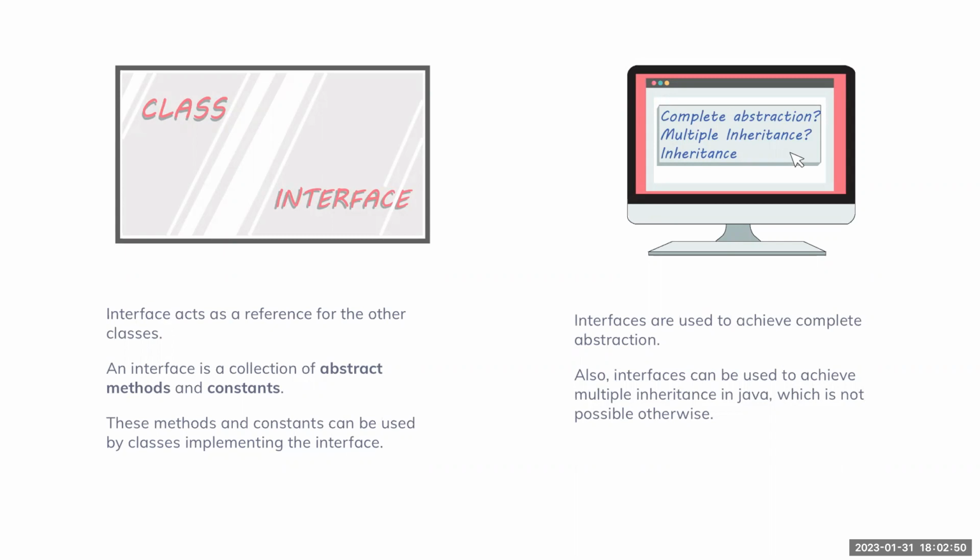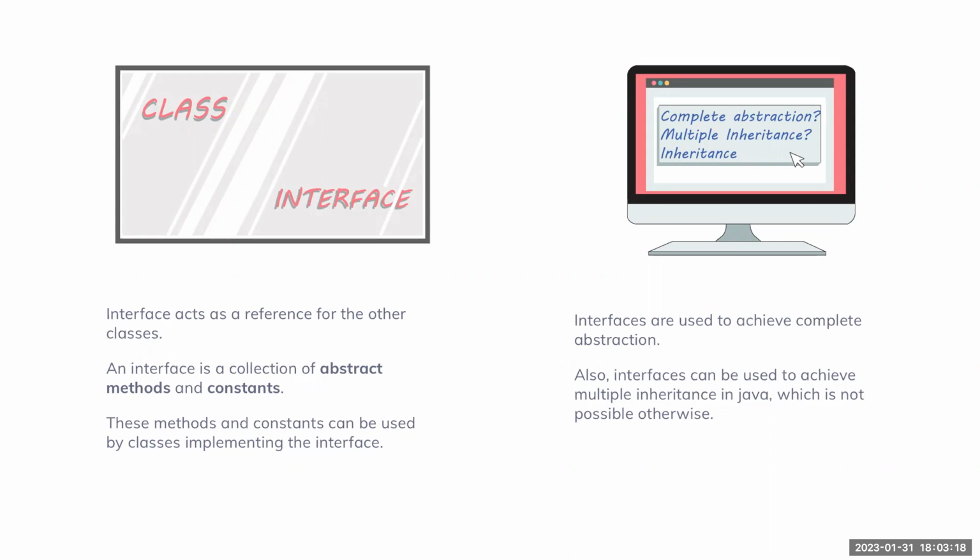So it is only the declaration of the methods and some constants in the interface, and these methods and constants can be used by classes implementing that interface. So what exactly do we achieve? We achieve abstraction. Interfaces are used to achieve complete abstraction.